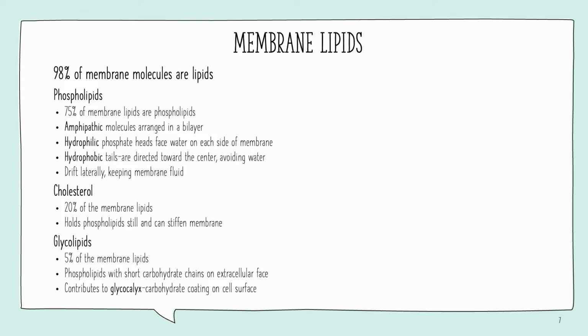The extracellular face would be the outside of the membrane, okay? Intracellular would be facing the inside of the membrane. And it contributes to the glycolytic carbohydrate coating on the cell surface.